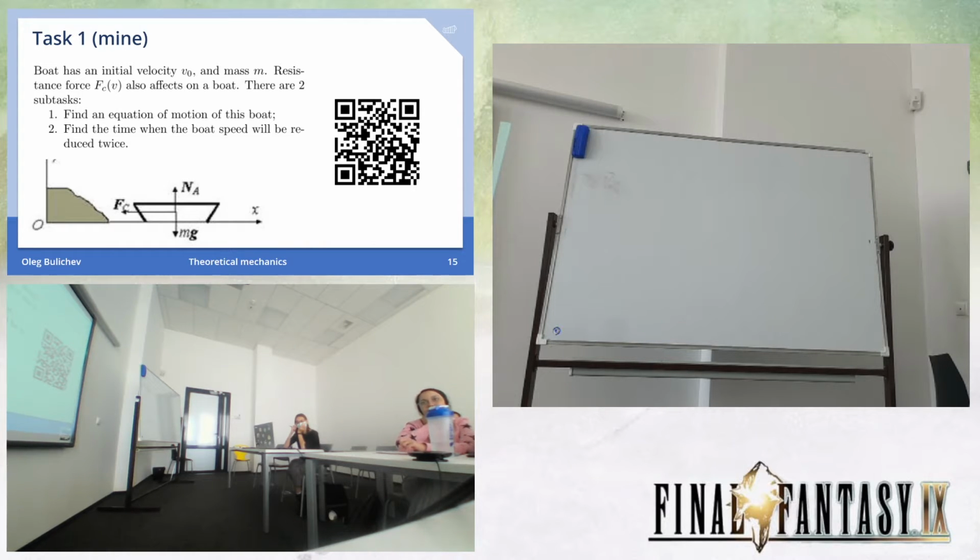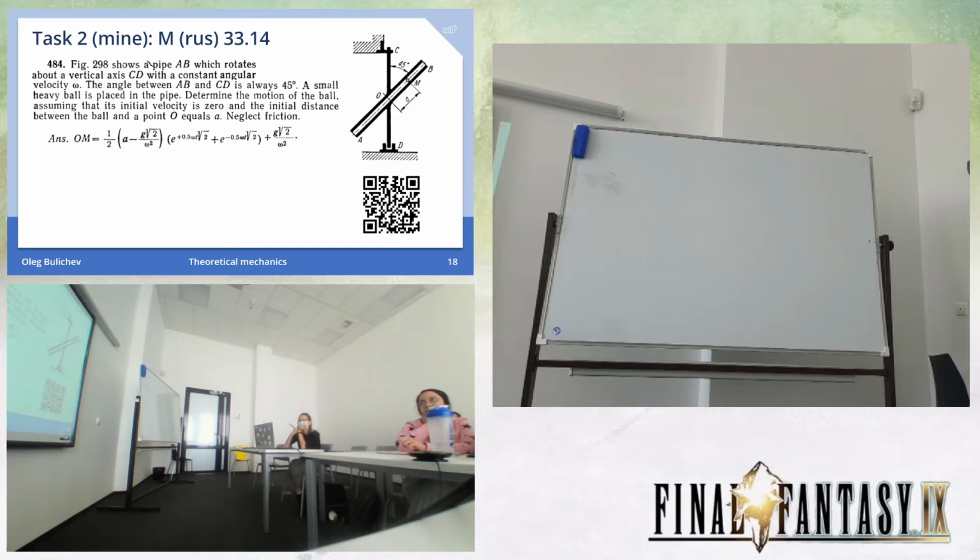Inertial system. Bus and the people inside. When we have a point. Do you remember when do we have the Coriolis acceleration? You have some rotation, and the point also moves inside of this rotation.